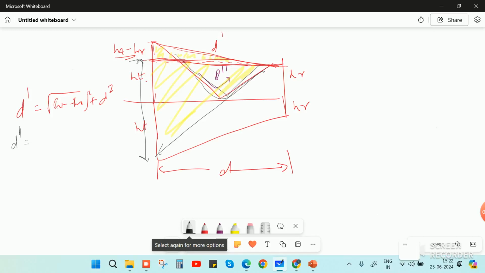From here to here it is ht, and from here to here it is hr. So this total is ht plus hr. And you know this distance is d. So it is equal to the square root of ht plus hr whole square plus d square. Right?